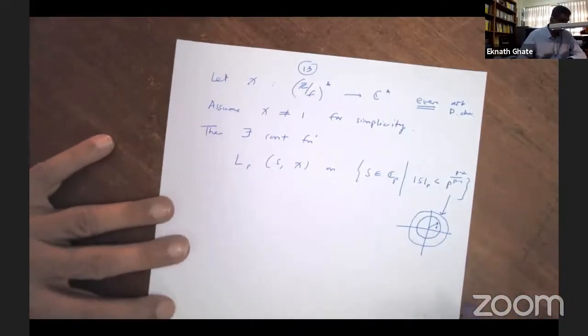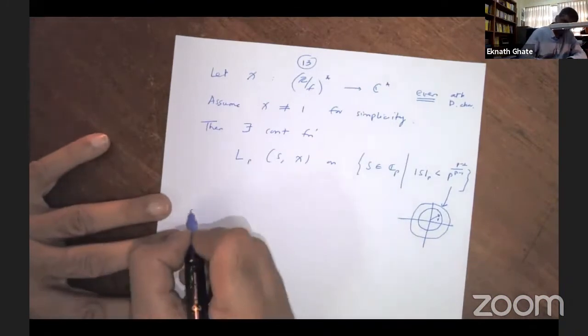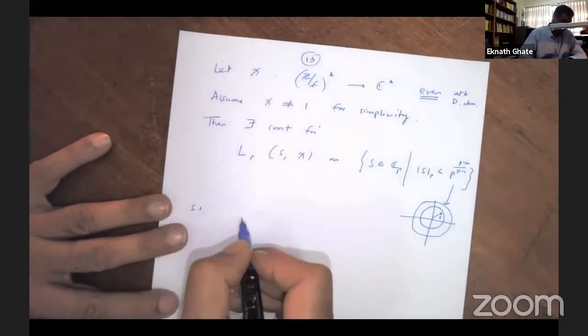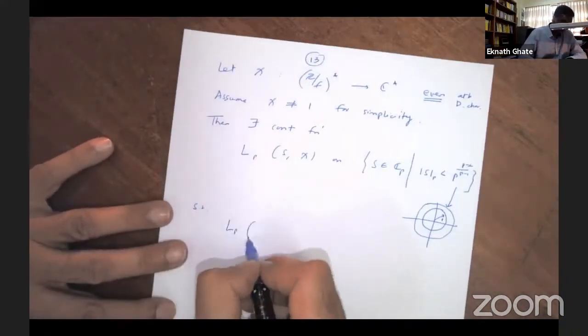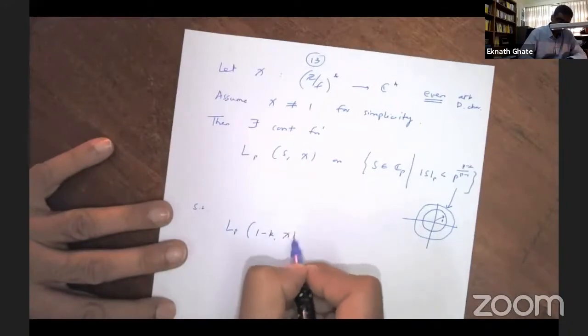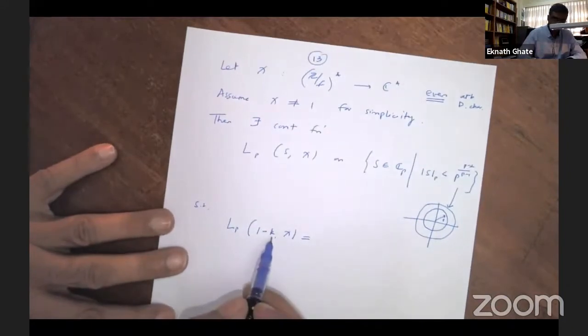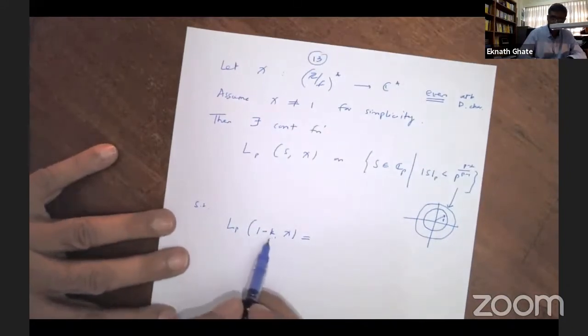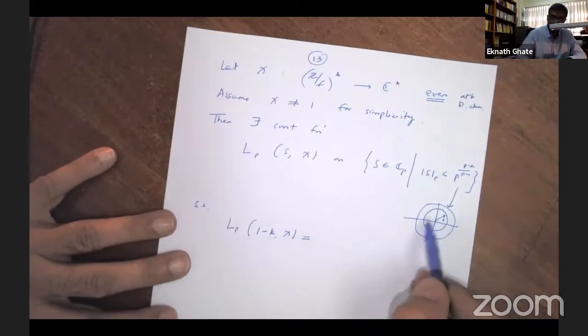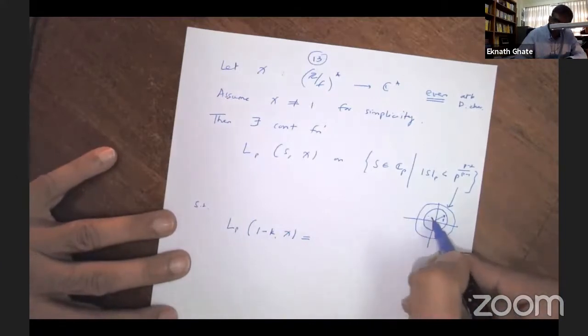So there's this continuous, even analytic function such that if you specialize it at 1 minus k, where k is an integer, then 1 minus k is also an integer, and integers always have norm less than or equal to 1, so 1 minus k is inside this disk.